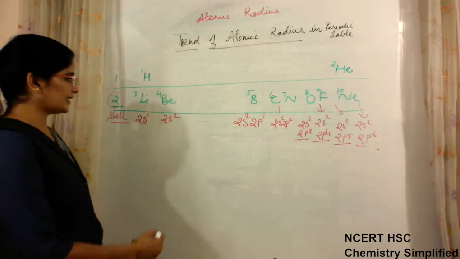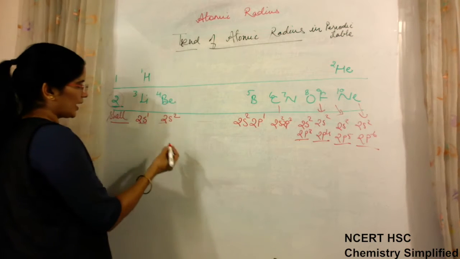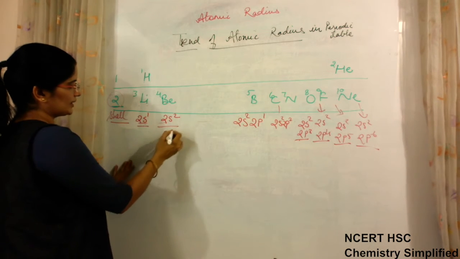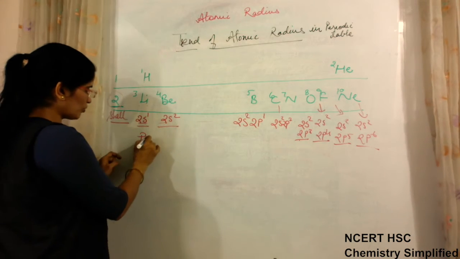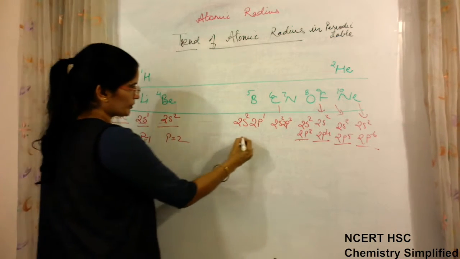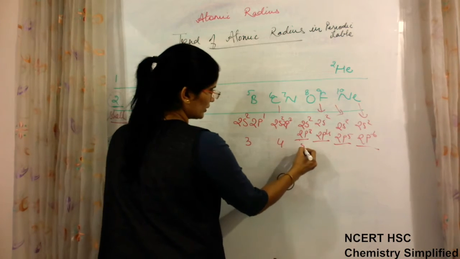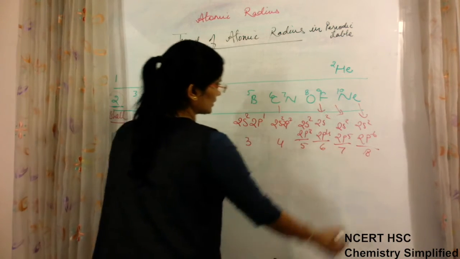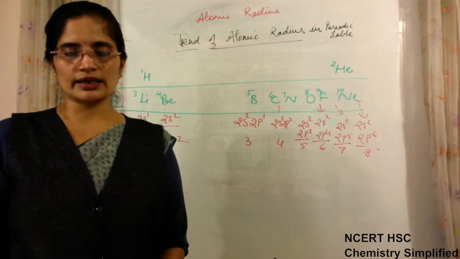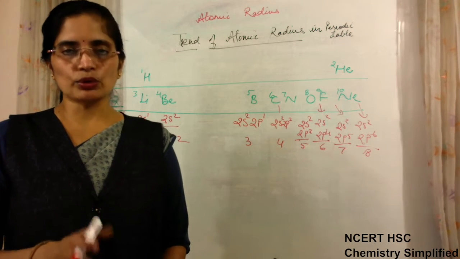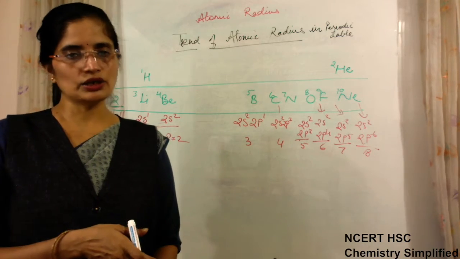When electrons are getting added in the same shell, at the same time protons are also increasing. Here the proton number was 1, here it is 2. Here it becomes 3, here 4, here 5, 6, 7 and 8. So gradually what is happening? As the number of electrons increases in the same shell, the proton number is also increasing in the nucleus.